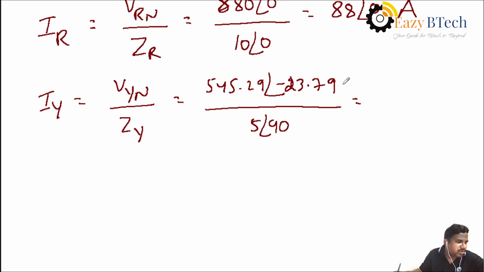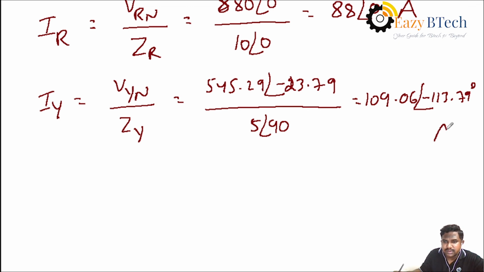Then you may simplify the equation. You will get the value 109.06 at an angle minus 113.79 degrees. Okay, that is the value of the second line current IY, that is 109.06 at an angle minus 113.79 amperes.